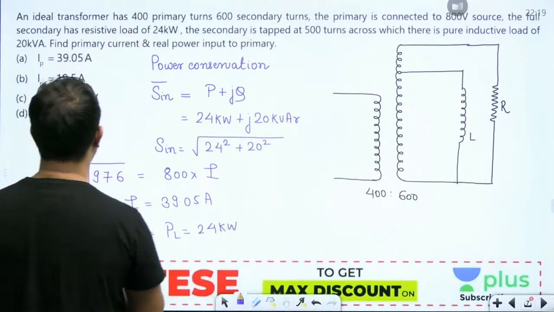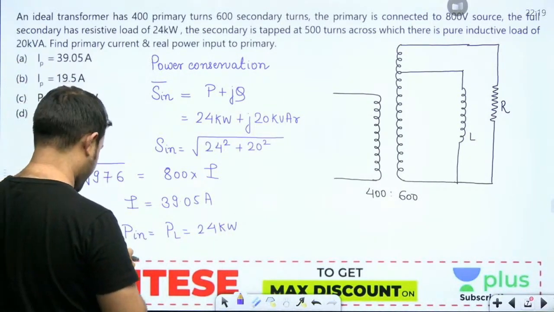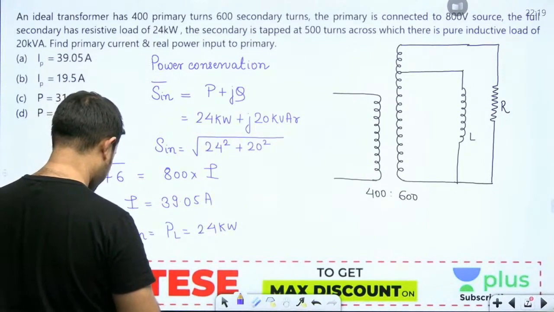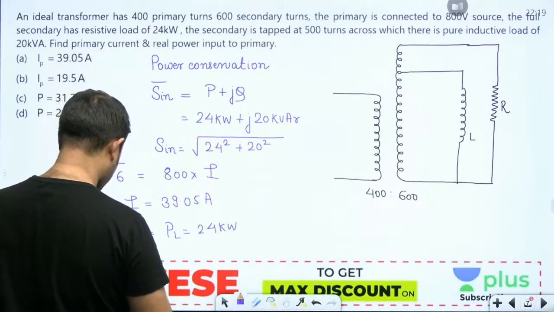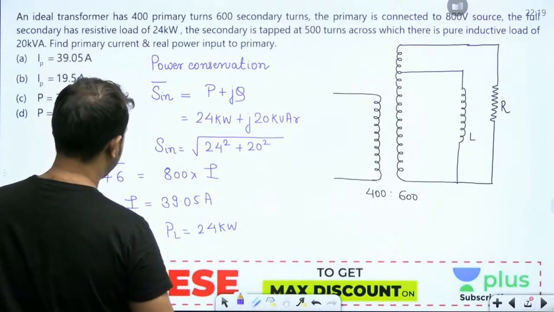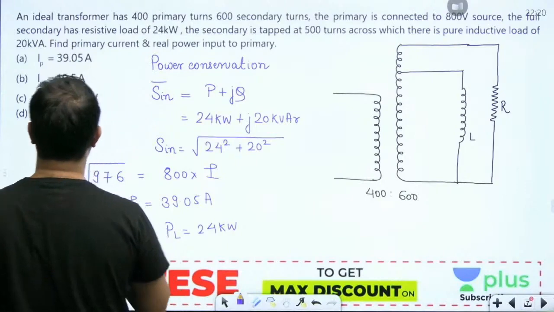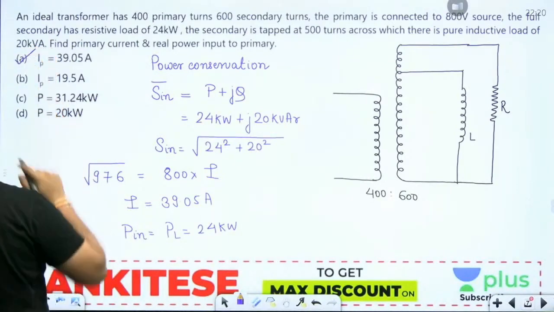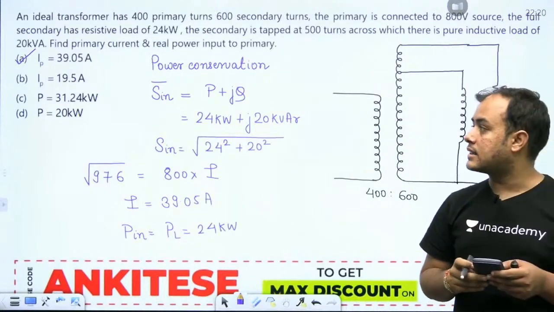So none of the options for real power will match the answer. Let me check once again. Yeah, so the answer would be A. Is that clear?